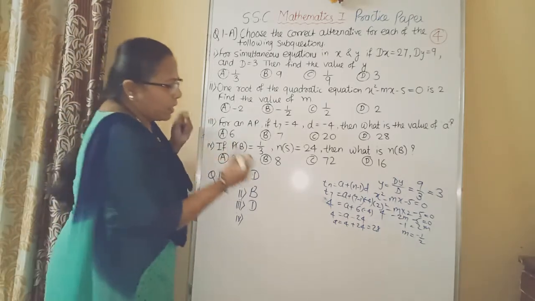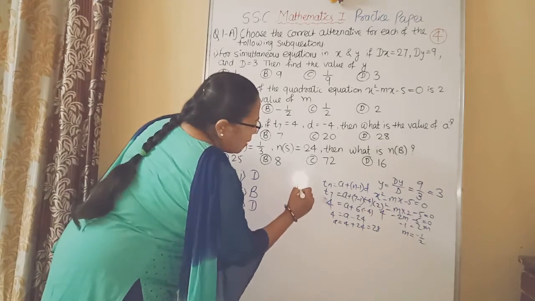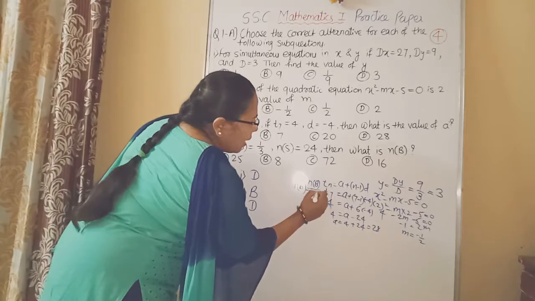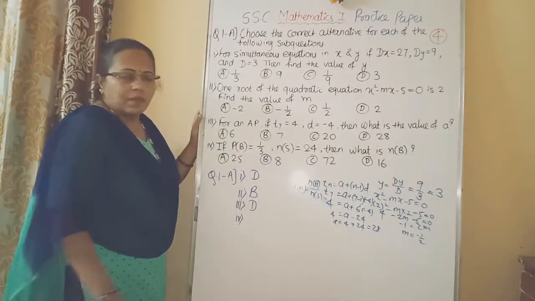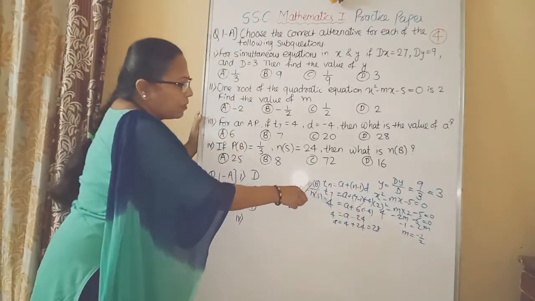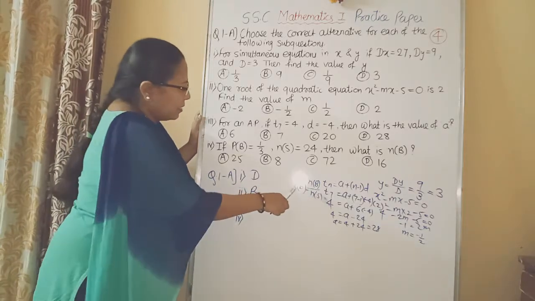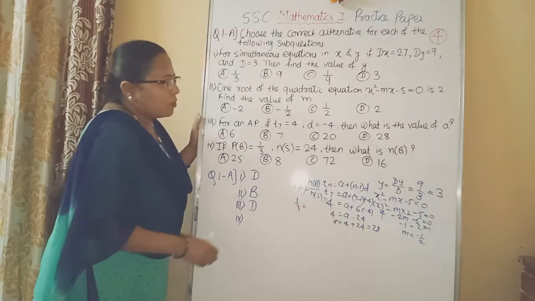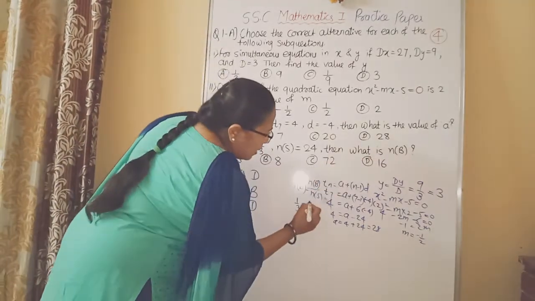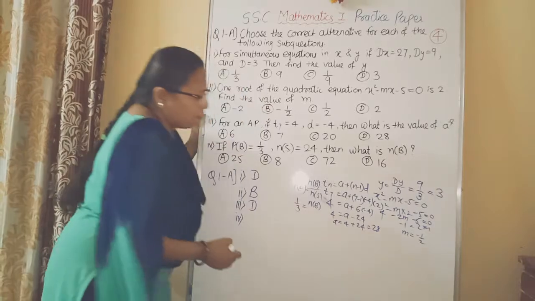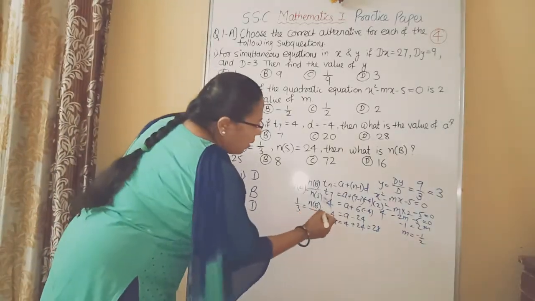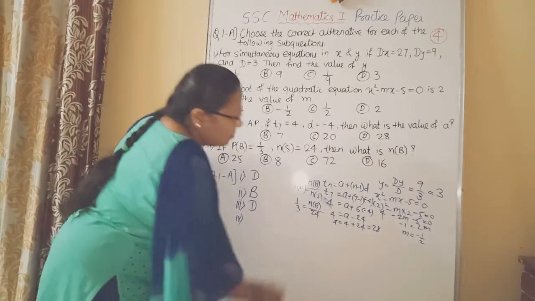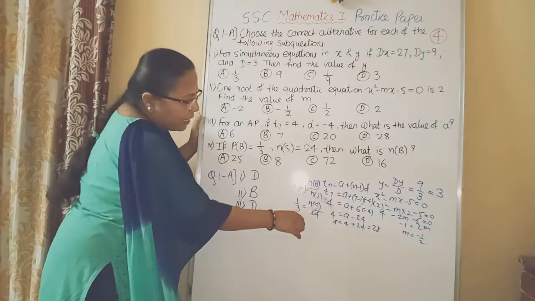According to the formula, probability of event B is equal to n of B upon n of S. This probability is given as 1 upon 3, equal to n of B, which we have to find out, upon n of S. n of S is 24. We have to find n of B.